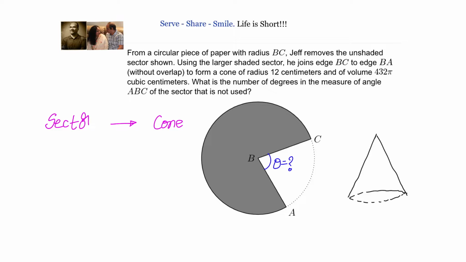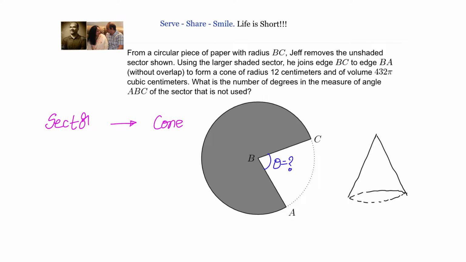Okay. Now let's read what we have been given again and try to understand. We have a sector here and the sector is transformed to form a cone. When a sector is transformed to a cone by just joining the radii without overlap, how is the relation between these two?